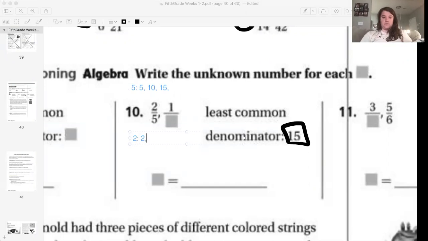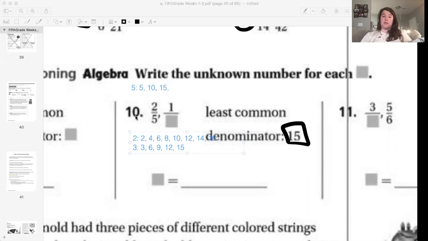So I did 2, 4, 6, 8, 10, 12, 14, 16. And honestly, we just skipped right over 15. So I know it's not 2. But then if I try 3, I do 3, 6, 9, 12, 15.